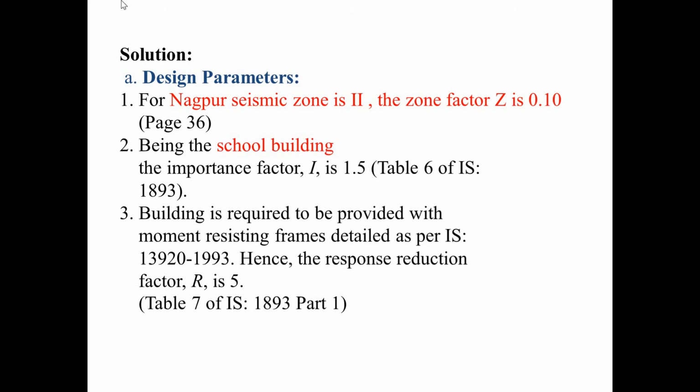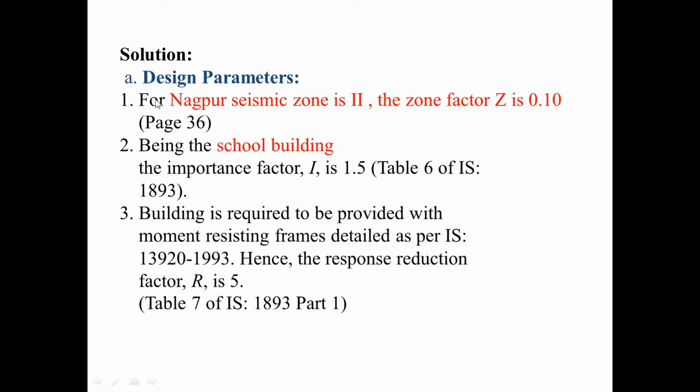So let us see. First of all, in the solution, the first and foremost important part is the design parameters. As we know, Nagpur is situated in seismic zone number 2, and the zone factor Z is 0.1. If you see Annexure A on page number 36 of IS 1893/2002, you will get this parameter, 0.1 for the Nagpur region.